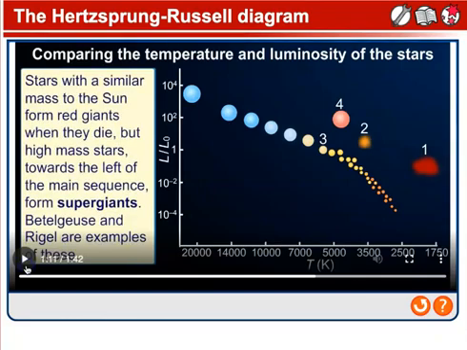Stars with a similar mass to the Sun form red giants when they die. But high mass stars towards the left of the main sequence form supergiants. Betelgeuse and Rigel are examples of these.